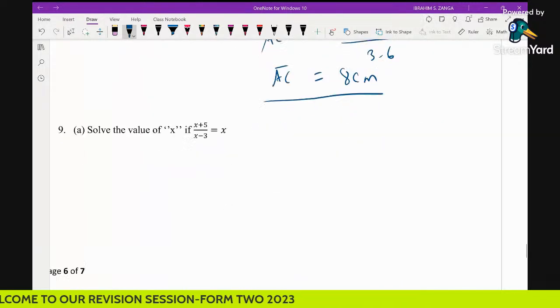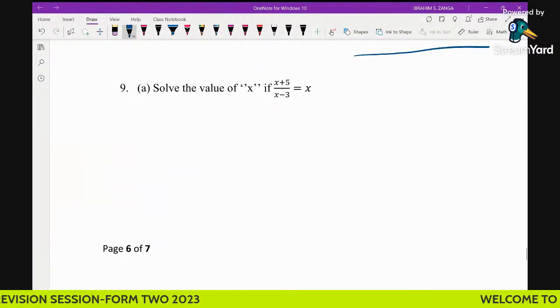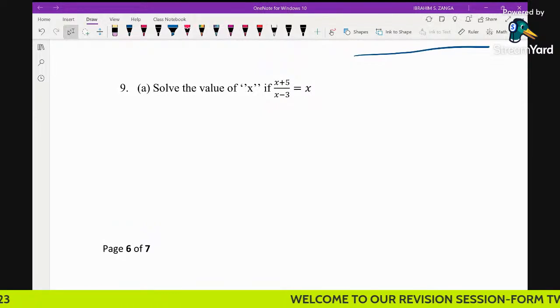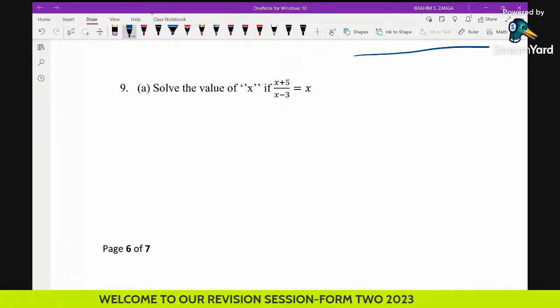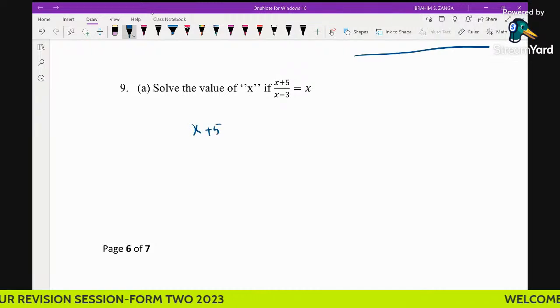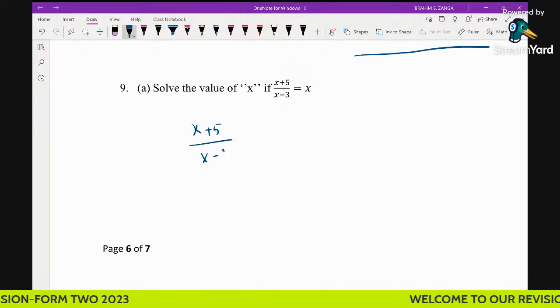Yes, students. We go to question number 9. We're about to come to the end of this paper. Solve the value of x. So from this equation, we're supposed to find the value of x. Here you have x plus 5 over x minus 3 equals x.